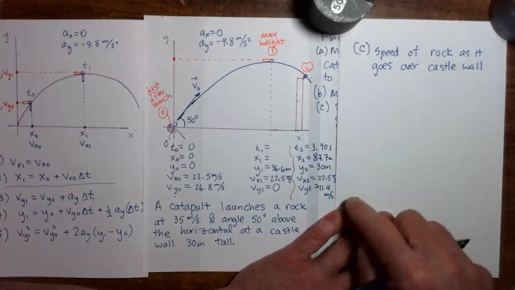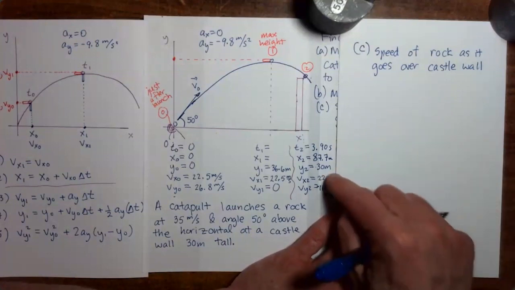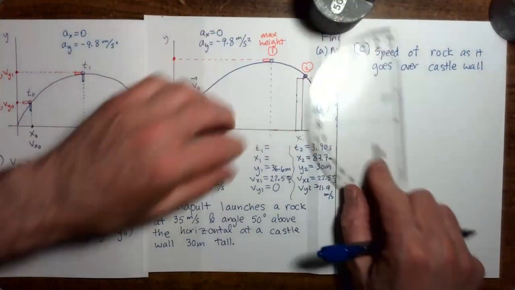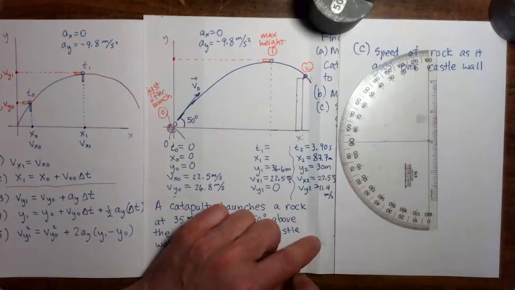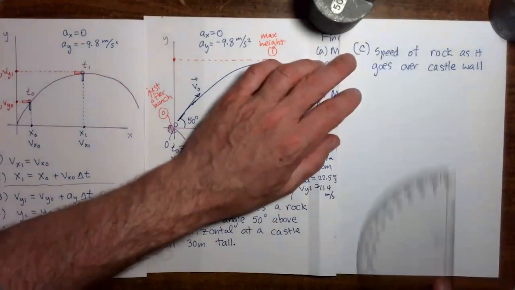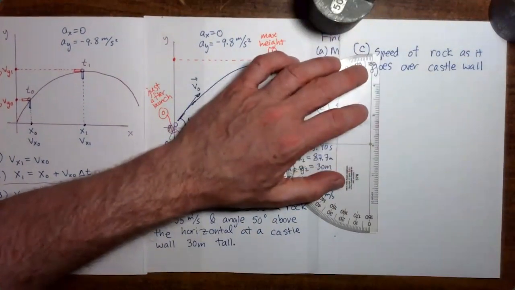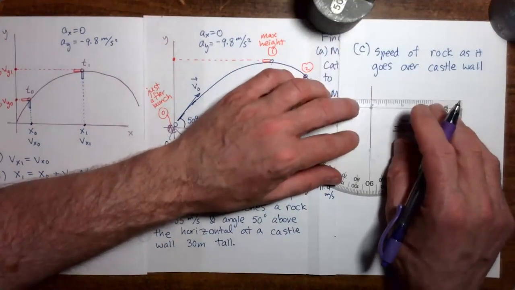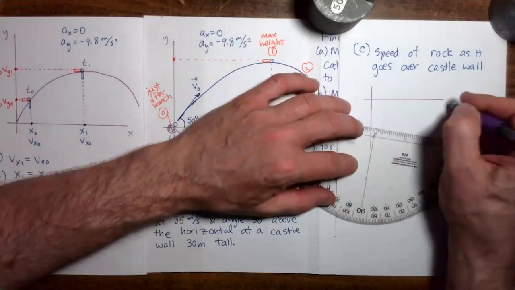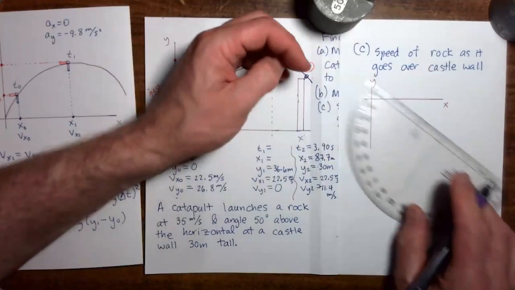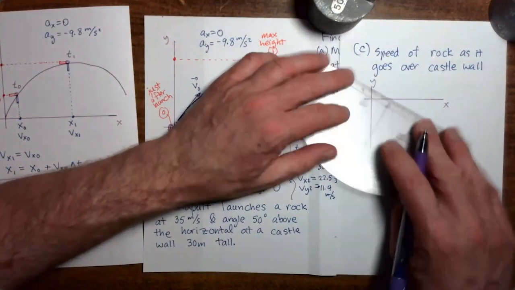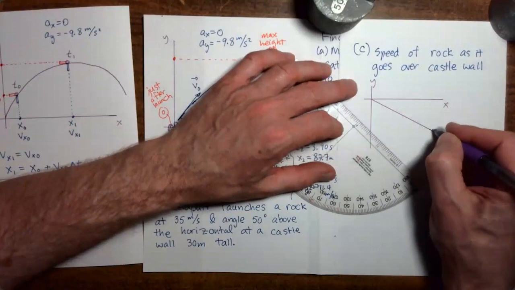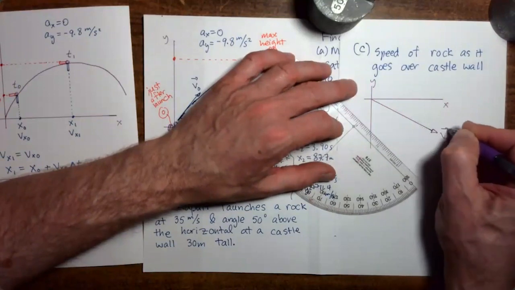And this is just another exercise in connecting the components of the velocity vector with its magnitude. So let me just take this information here and copy it into a new figure. So x-axis, y-axis, let's put in our velocity vector according to these components. Here's our final velocity vector. Let's call that v2.